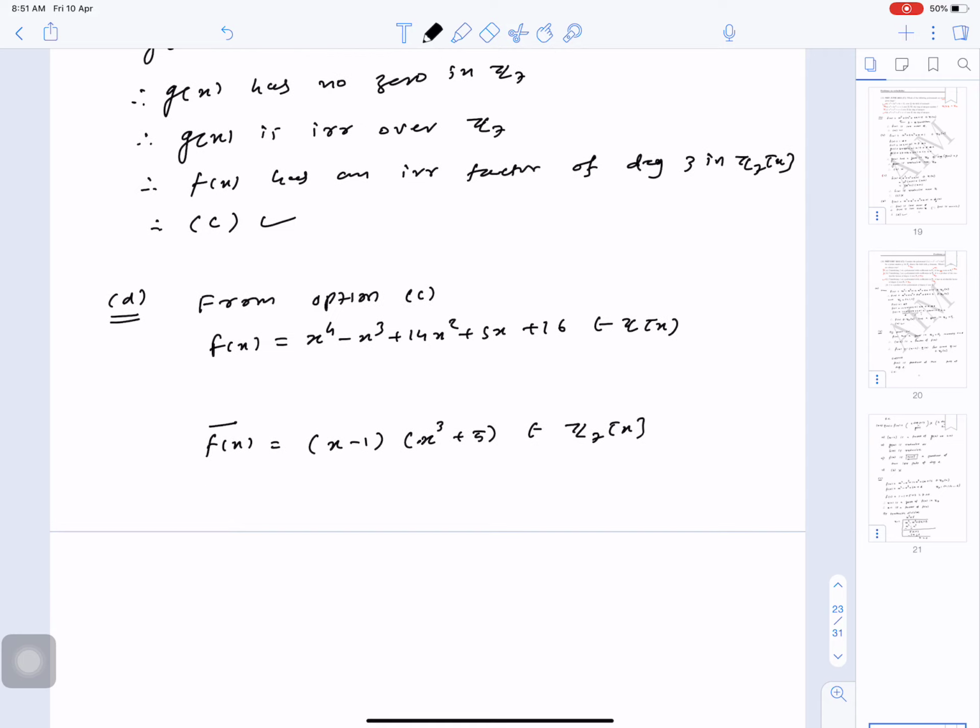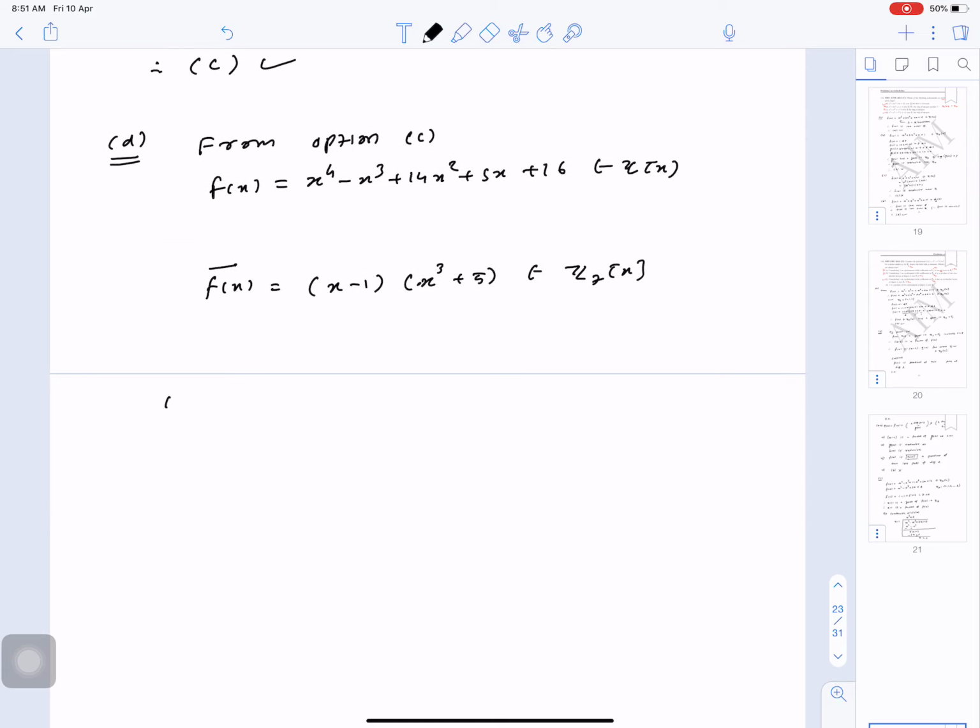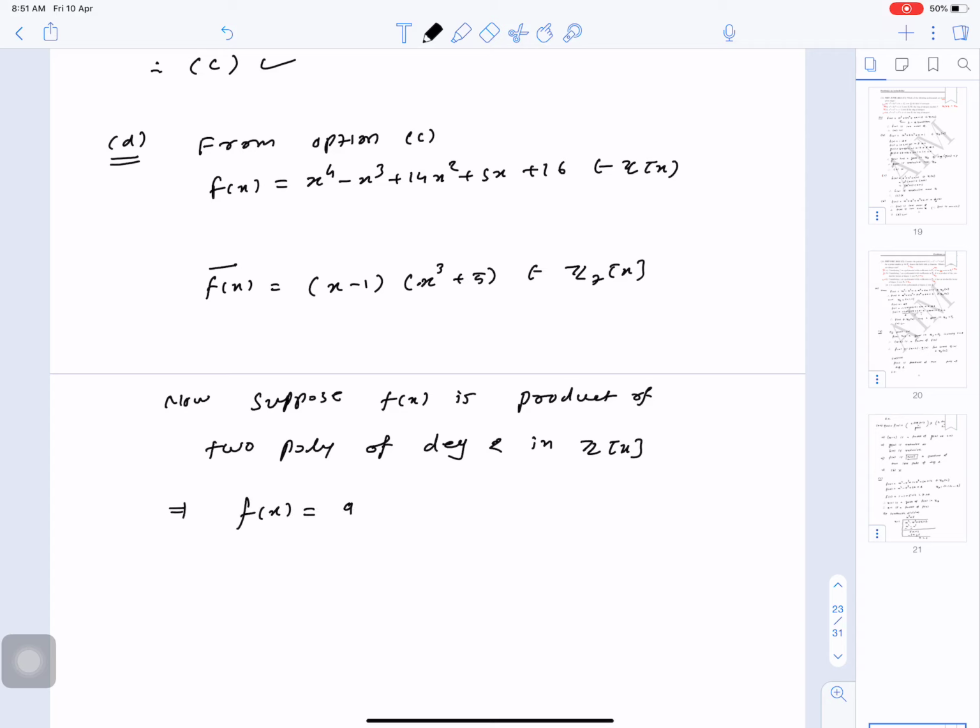Suppose fx is a product of two polynomials of degree 2 in Zx, then what I have? fx is equal to gx into hx for some gx, hx belonging to Zx, and degree of gx is equal to degree of hx is equal to 2.